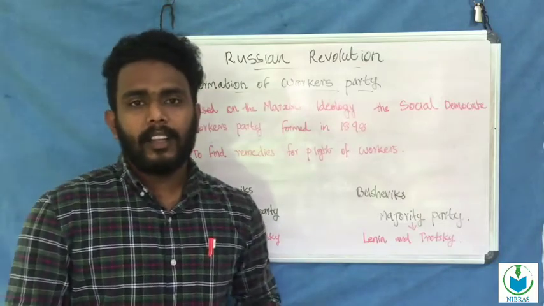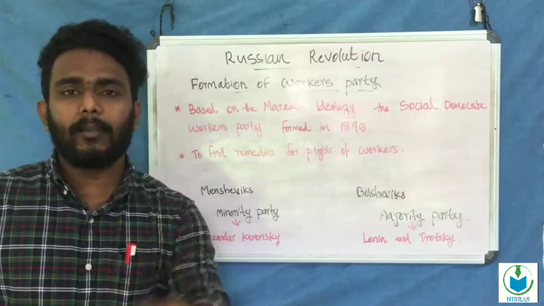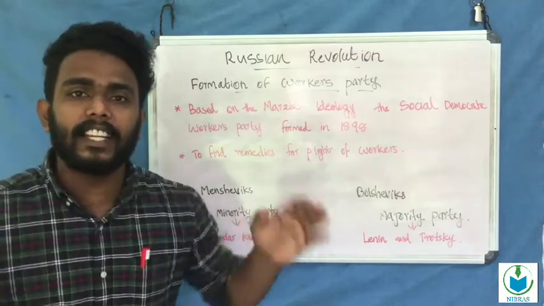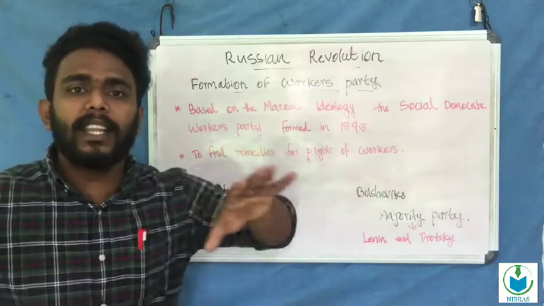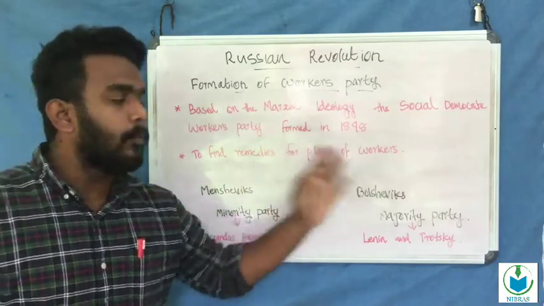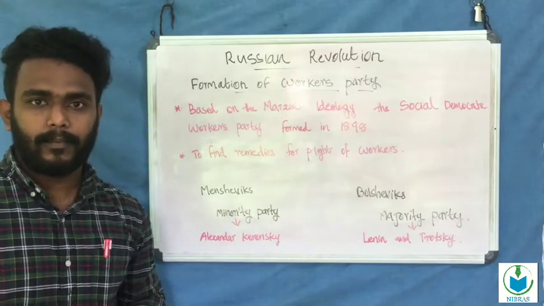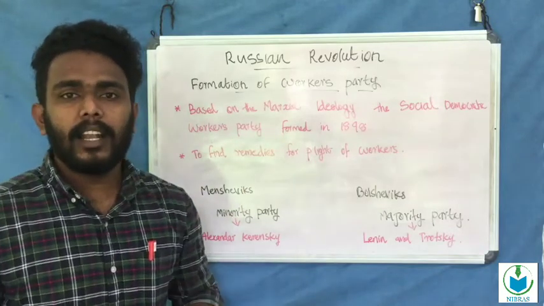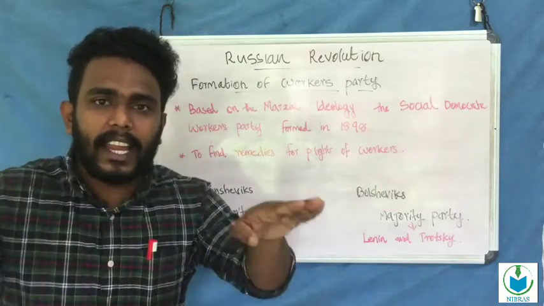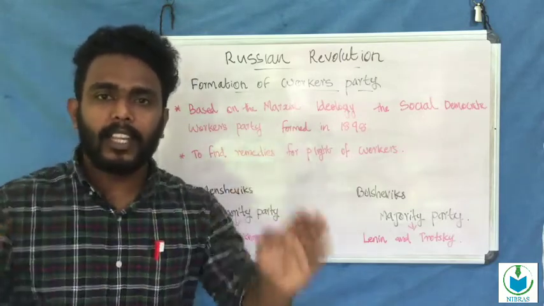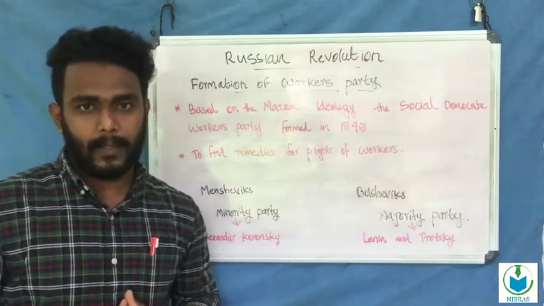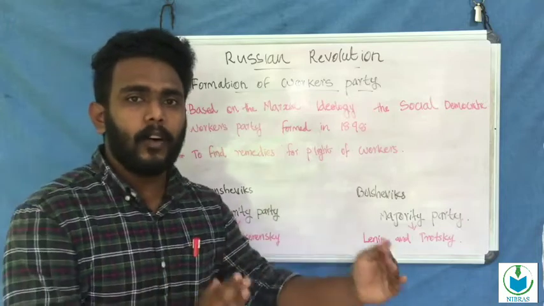Later, the Social Democratic Workers Party was split into two: the Mensheviks and the Bolsheviks.